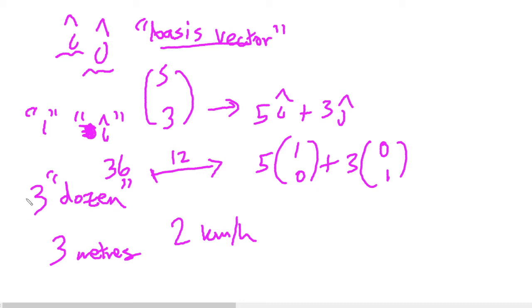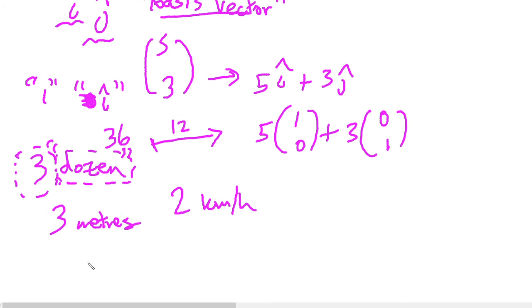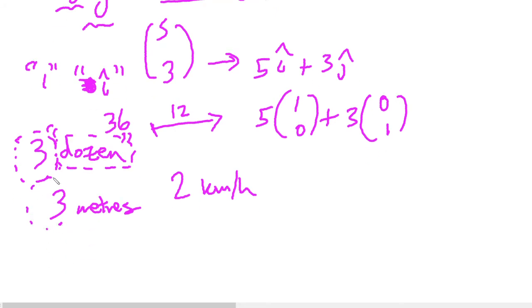So this 3 does not actually mean 3 units, but it means 3 of this quote-unquote basis vector, a dozen. 3 meters does not actually represent the abstract concept of 3, but it's 3 multiplied by the concept of a meter. So say if we're looking at a displacement vector, then it's a meter in a particular direction.